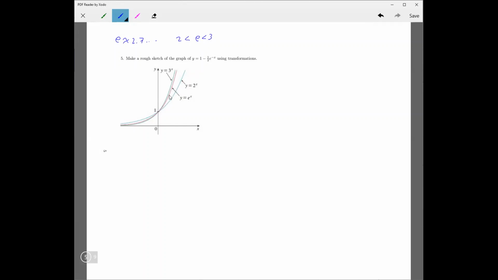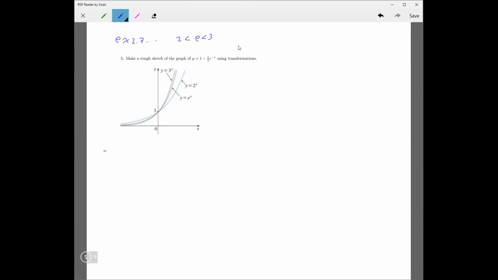So that means that the function y equals e to the x is going to be between y equals 3 to the x and y equals 2 to the x, but closer to y equals 3 to the x. Okay, because e is between 2 and 3. That's how that is.